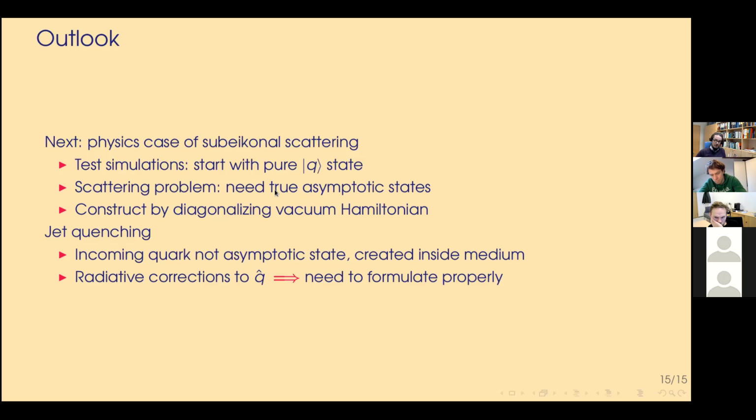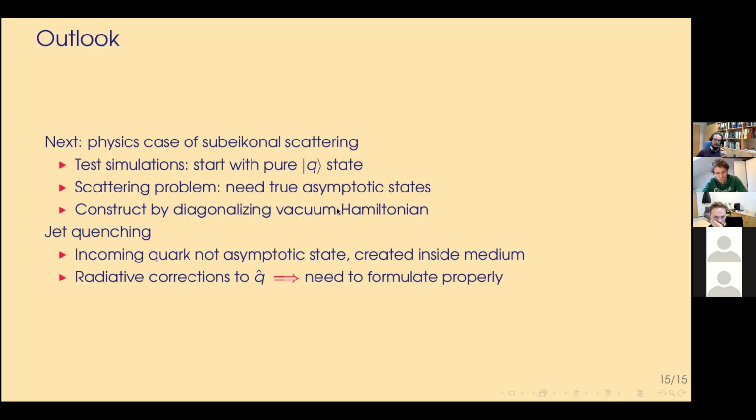We have a Hamiltonian. And so what these physical true asymptotic states should be are the eigenstates of the vacuum Hamiltonian, the Hamiltonian with the gluon emission and absorption, but without the background field. So basically what we're doing is constructing, partially analytically, partially numerically, the eigenstates of the vacuum Hamiltonian.